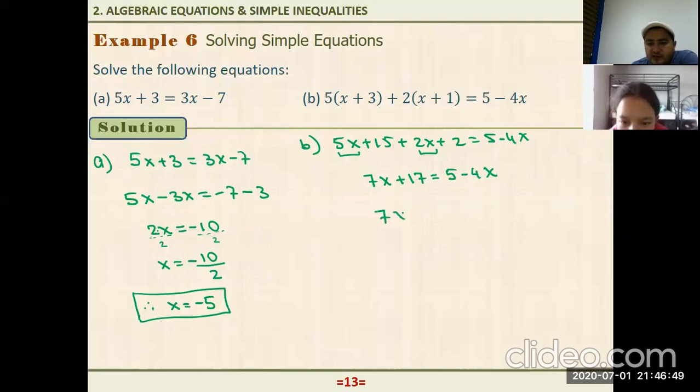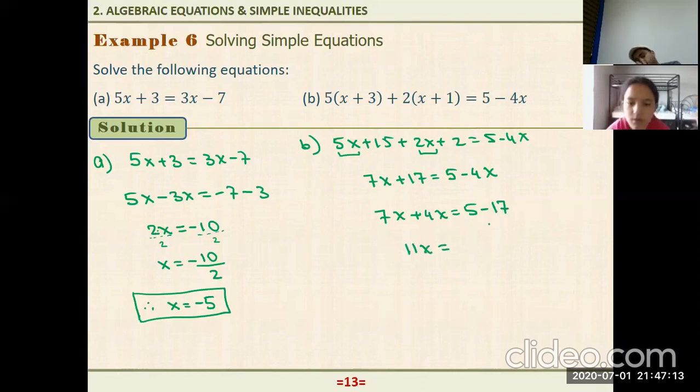So here we have 5 minus 4x. Now 7x, I should take it to the left-hand side. It is minus, so it becomes plus. Here we have 5, nothing to do. 17 plus, taken to the right-hand side, becomes minus. So 7x plus 4x, 11x equals, what is 5 minus 17? Hold on. Negative 12.